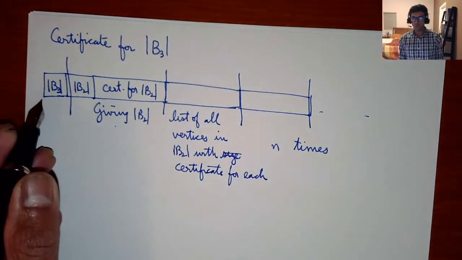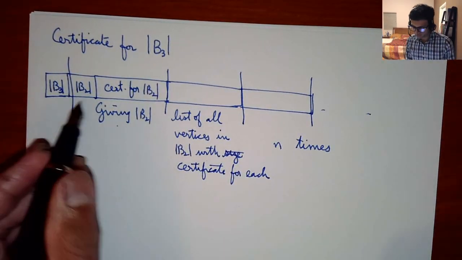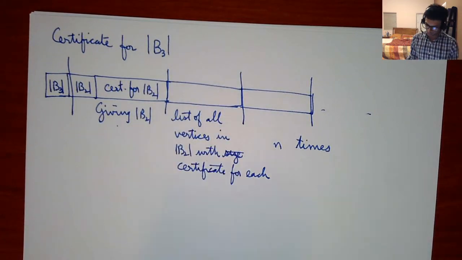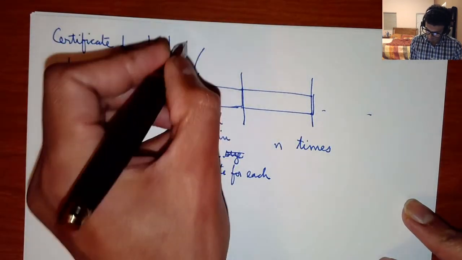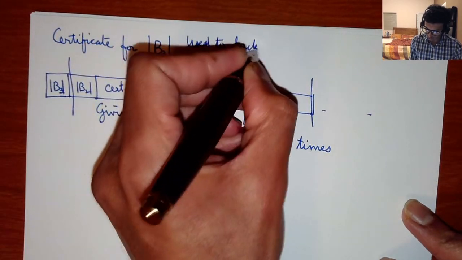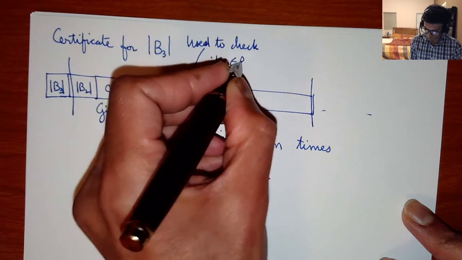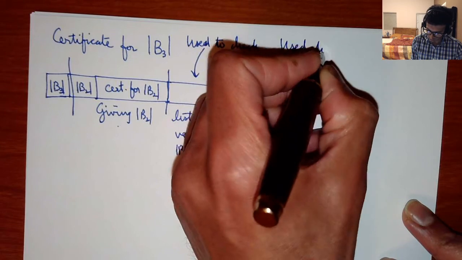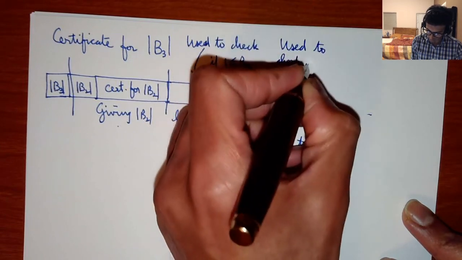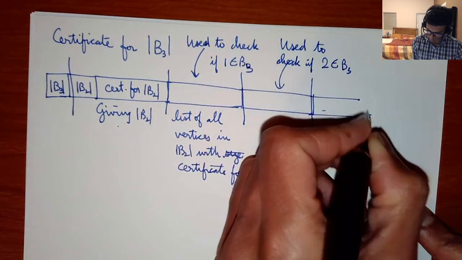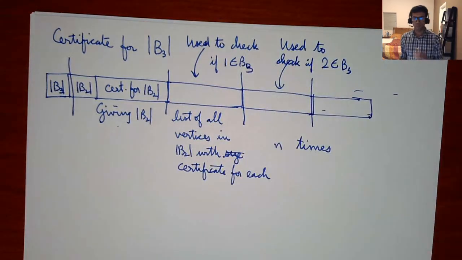Once you know the size of B2, the verifier can just check whether all of those are in B2, and this is used to check if 1 is in B3. This is used to check if 2 is in B3, and so on and so forth.